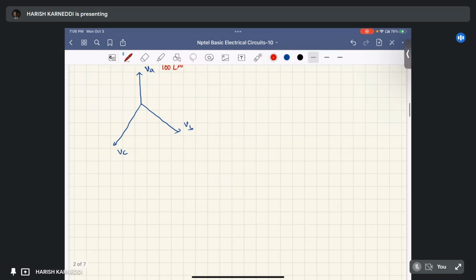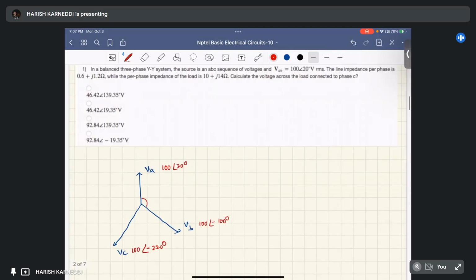This is 20 degrees, like 120 degree line, right? So we can write 100 at an angle of minus 100 degrees. This will be 100 at an angle of minus 220 degrees. Why?